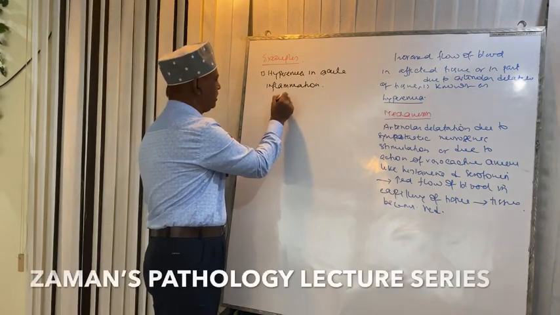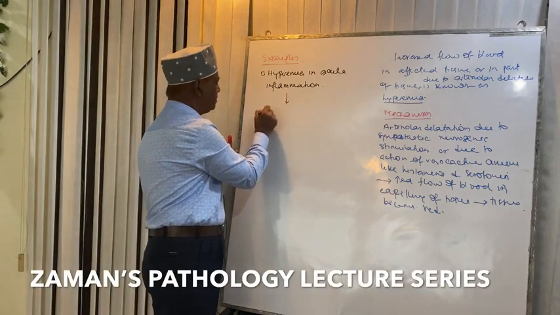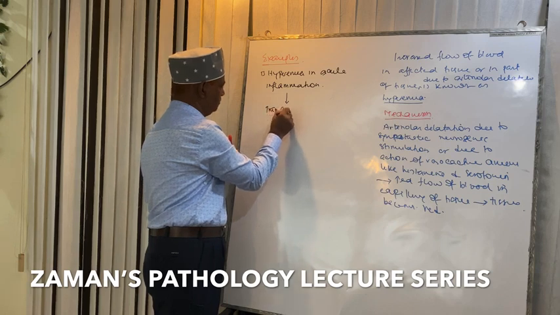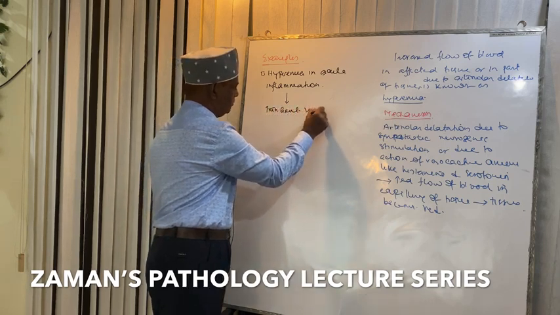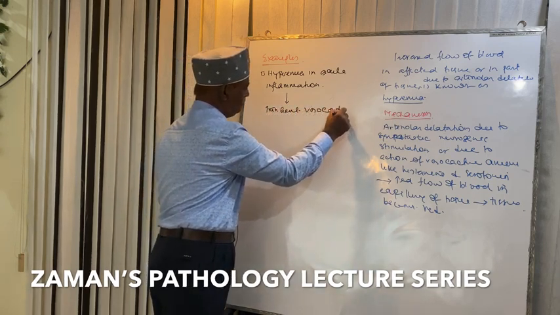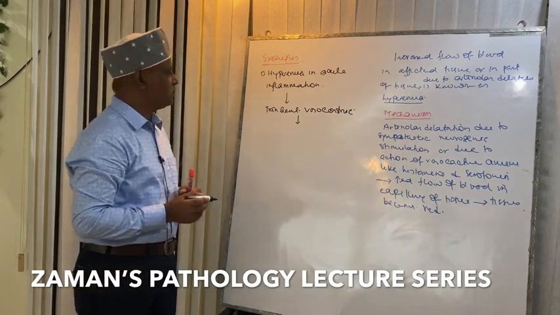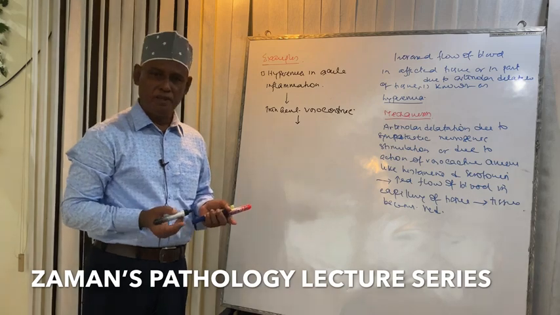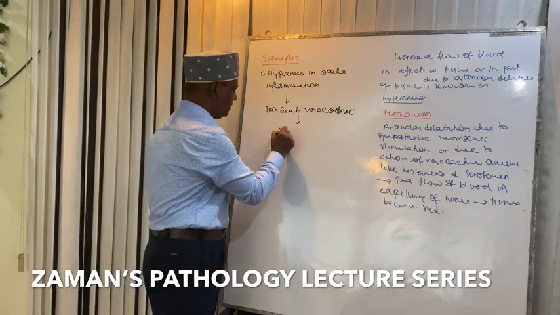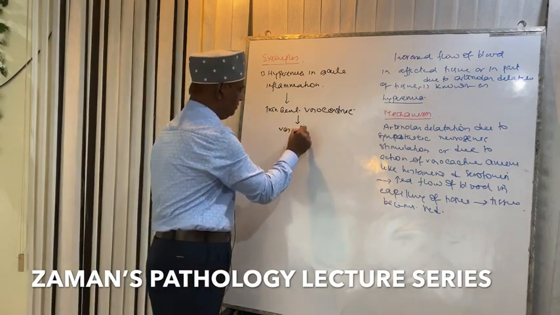In acute inflammation, what happens? There is transient vasoconstriction, and this transient vasoconstriction is followed by vasodilatation, that is arteriolar dilatation.